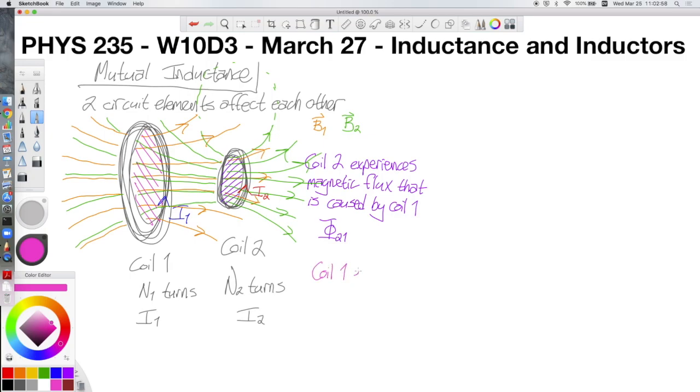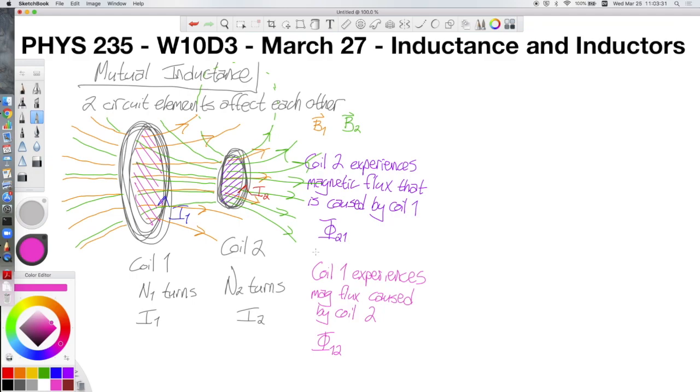So we can say that coil 1 experiences a magnetic flux caused by coil 2, and we are going to call this flux phi 1,2. So the first number in the subscript of phi tells you which coil is experiencing the flux, and the second number tells you which coil is causing the flux.